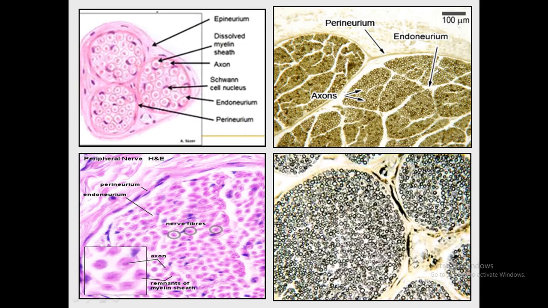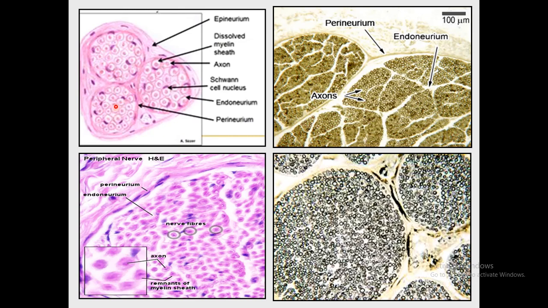Under the microscope, this is a peripheral nerve or nerve trunk in the 4 sections. Those 2 sections are H and E stain, while those are osmium fixation and silver stain. As we can see, if you see this micrograph, it is a peripheral nerve or nerve trunk, and those rounded small areas represent the axons within this peripheral nerve.